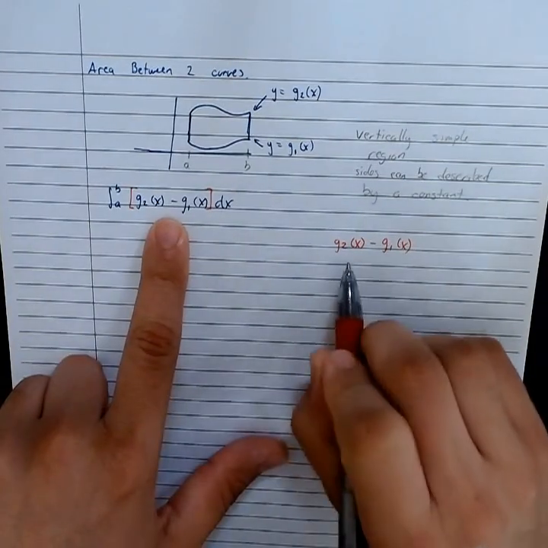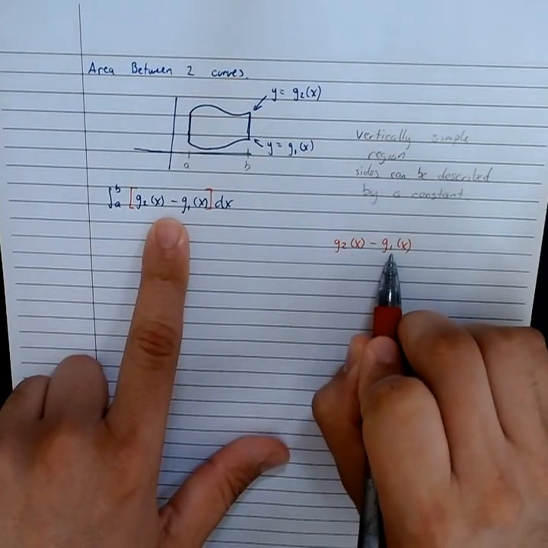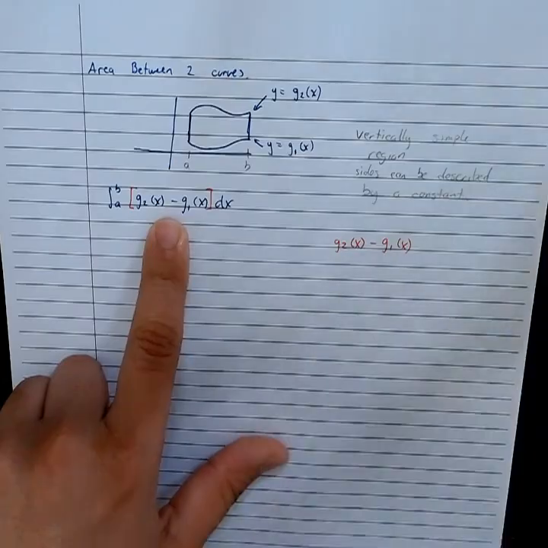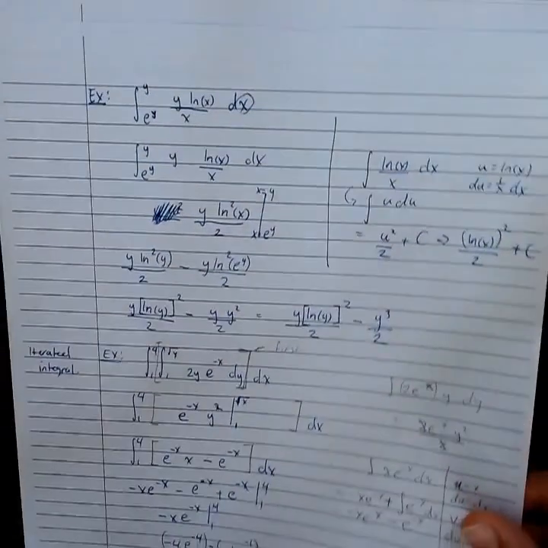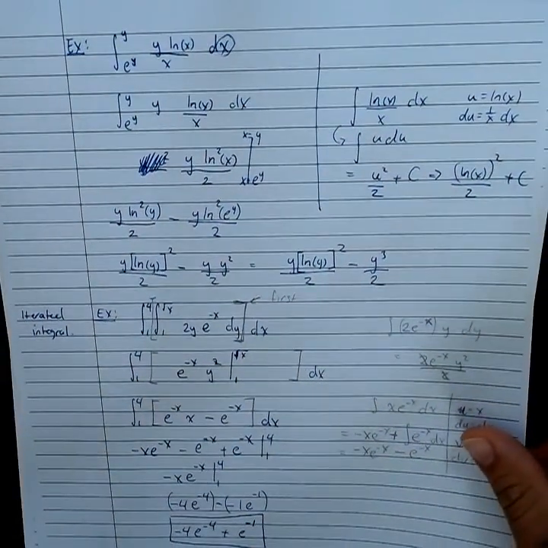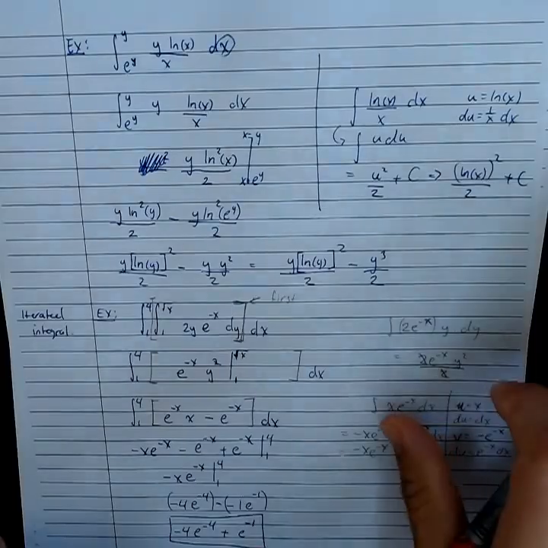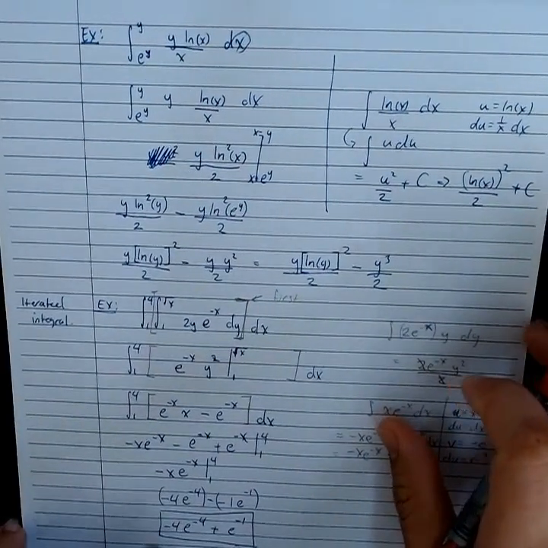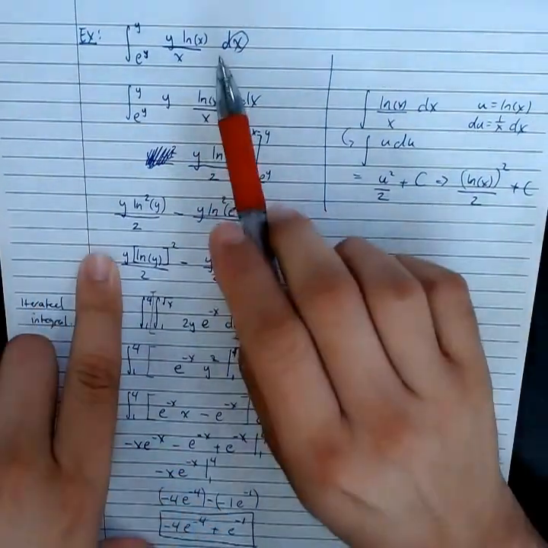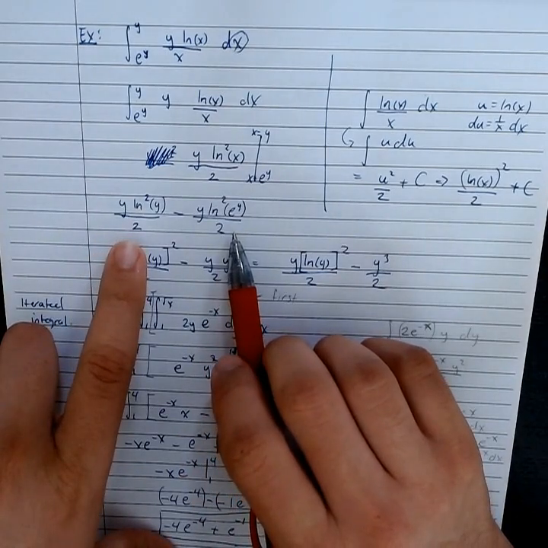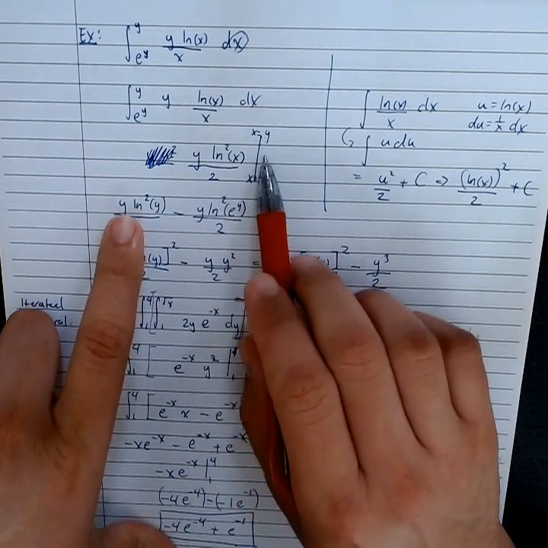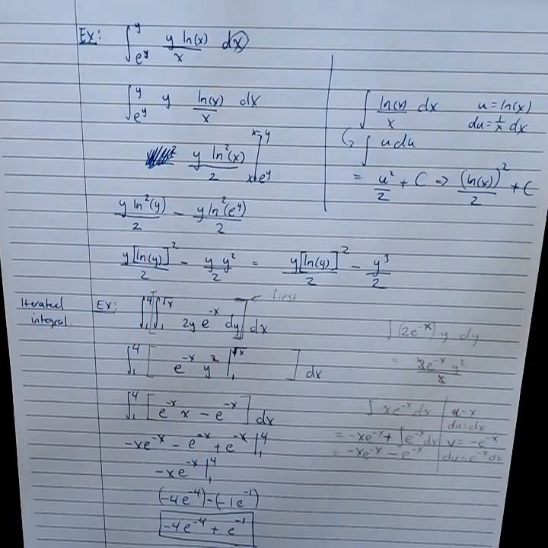Well, that's a function of x, and that's a function of x, and they're being subtracted. But that's what you get when you take an integral. If you integrate with respect to x, you end up with two functions, which you can then subtract.